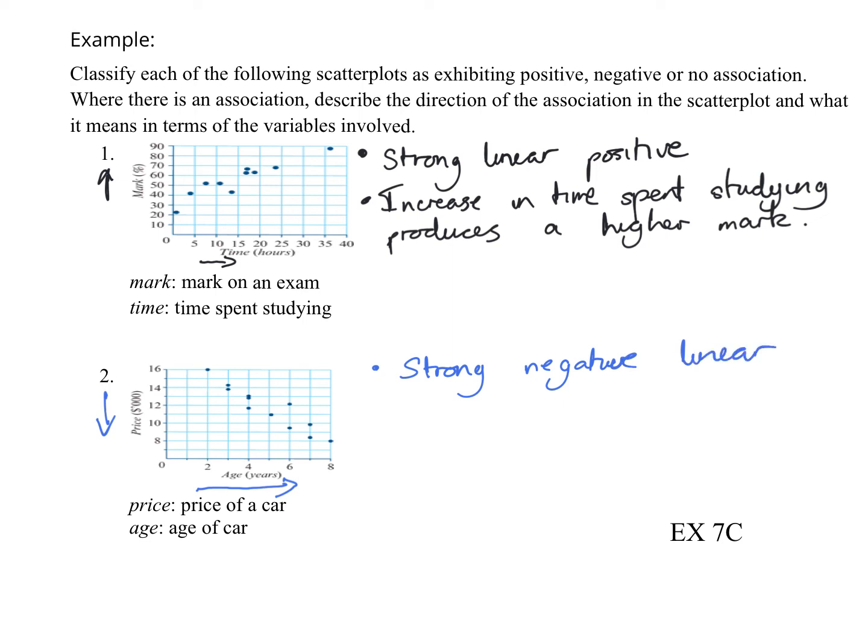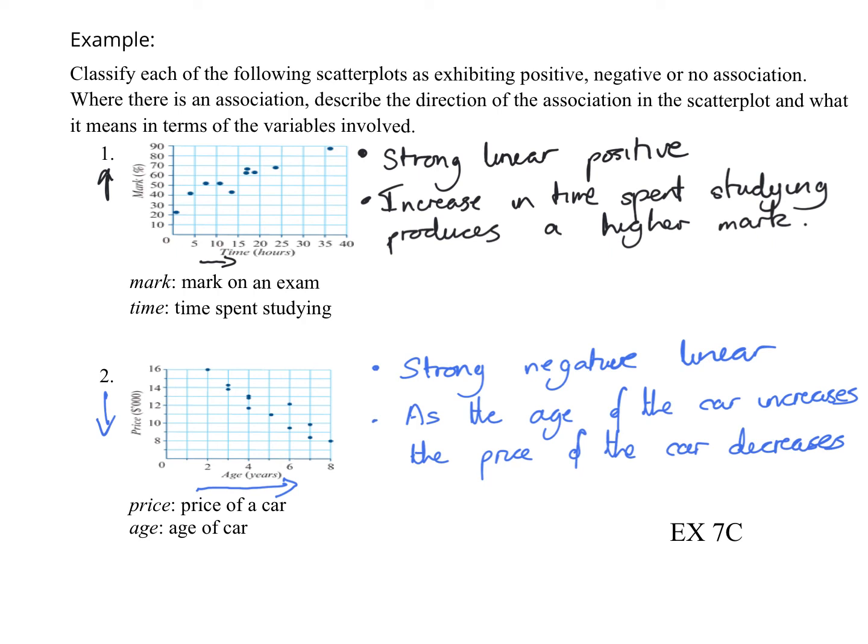And again, describing it in terms of its variables, as the age of the car increases, the price or the value of the car decreases. So although we tend to dismiss the interpretation side as not being mathematics, it is something that you have to become really very strong at, because a lot of the work will involve your interpretation as we move forward in statistics.